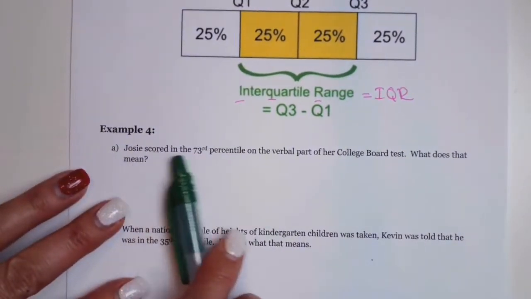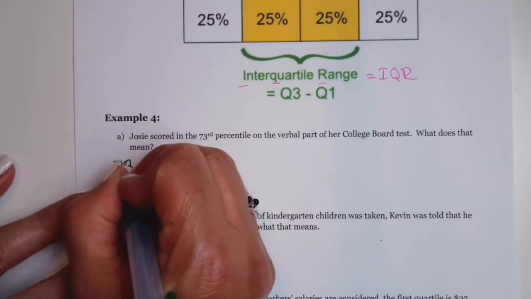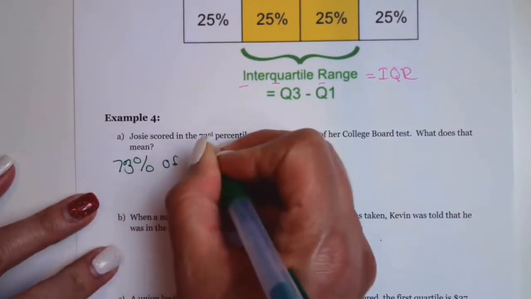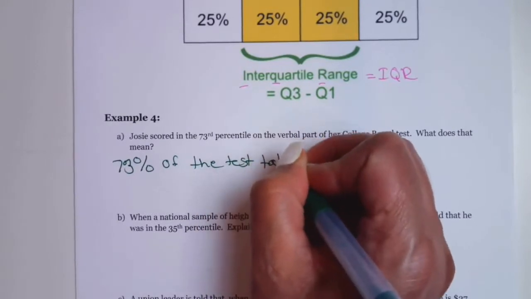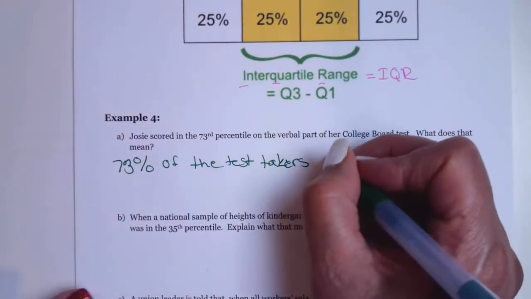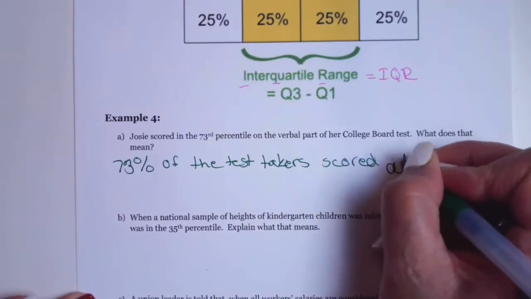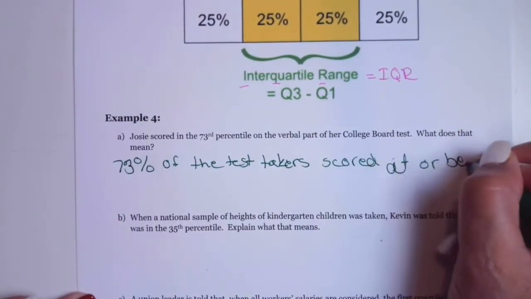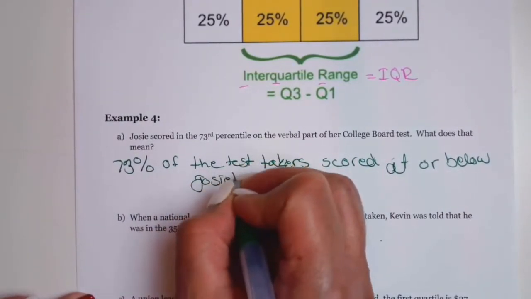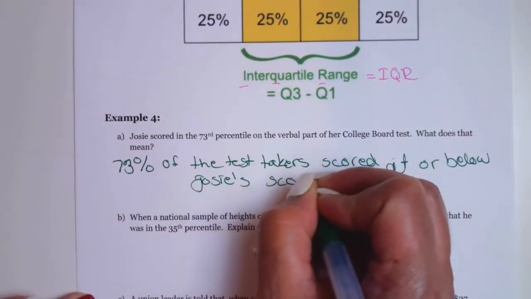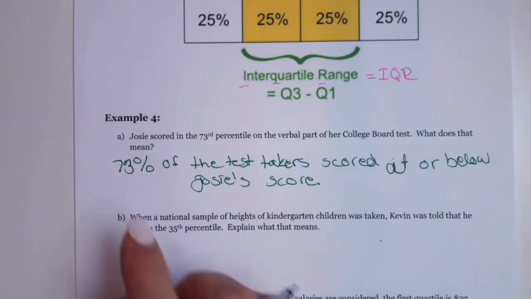So what this means, 73rd percentile, is that 73% of the test takers scored at or below Josie's score.